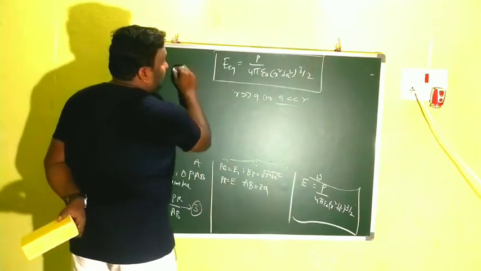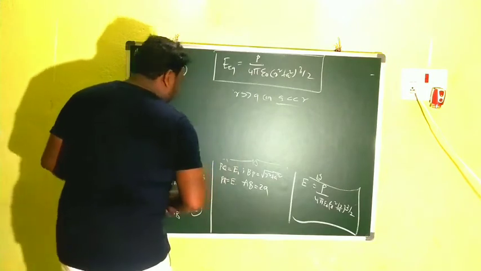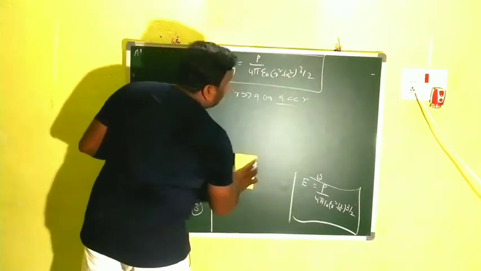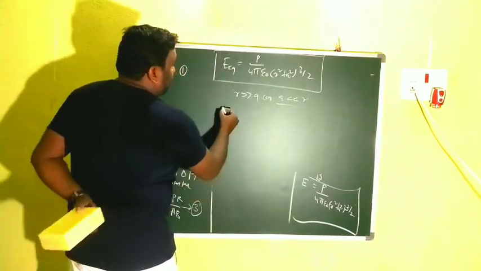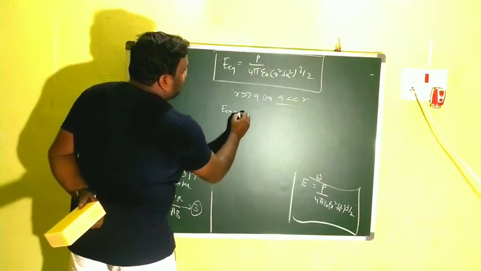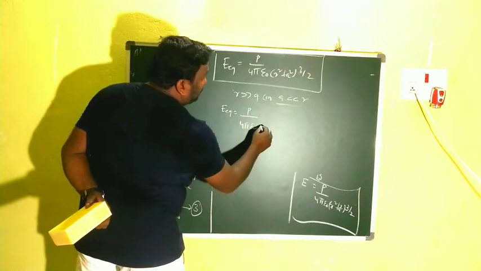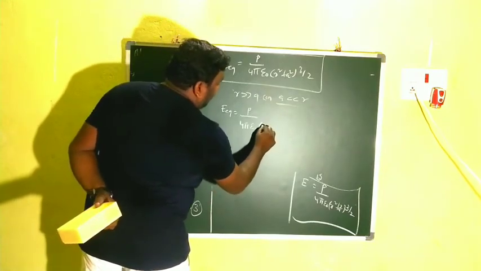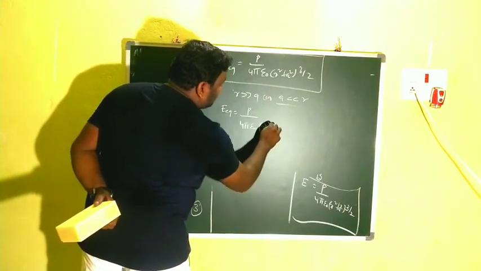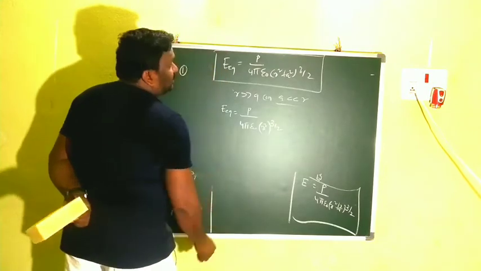Then we neglect the a value. Then E equatorial is equal to P by 4 pi epsilon naught into r square whole power of 3 by 2, since a is negligible.